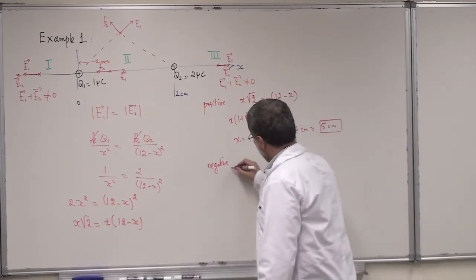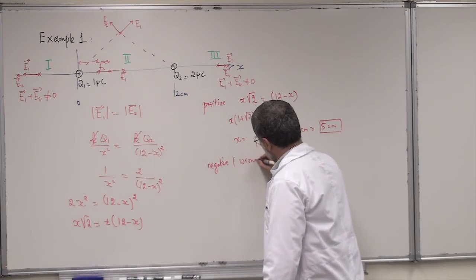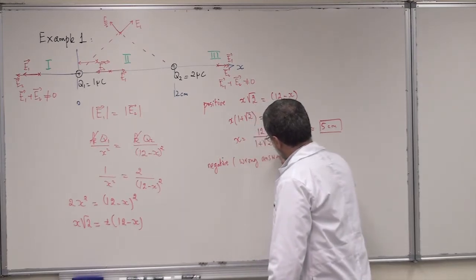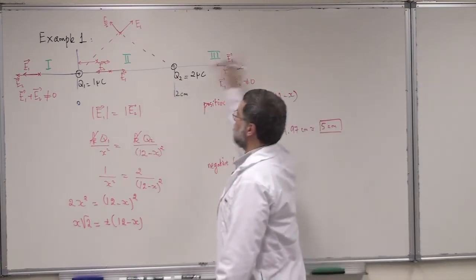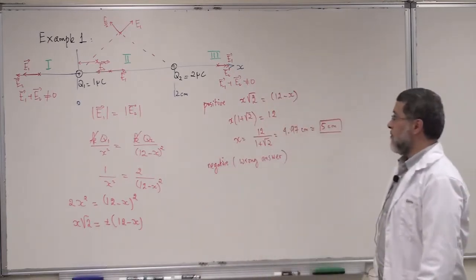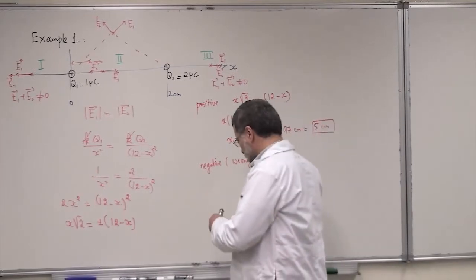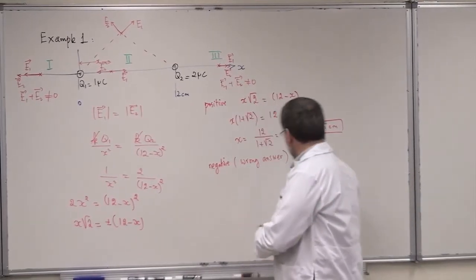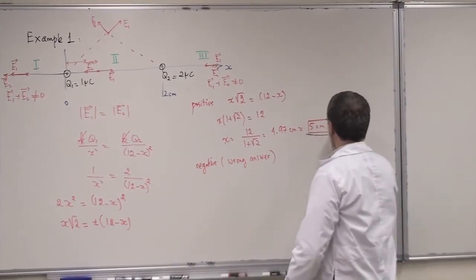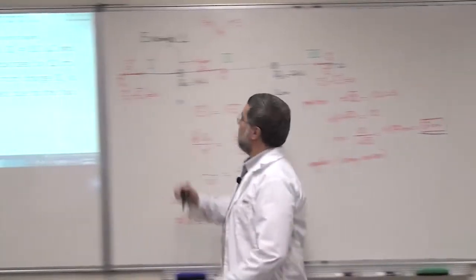So this will give you the wrong answer because it will be more than 12 centimeters, which means outside, and therefore physically it's not correct. Now, this is how you would solve this problem. The final answer will be 5 centimeters from the charge Q1.